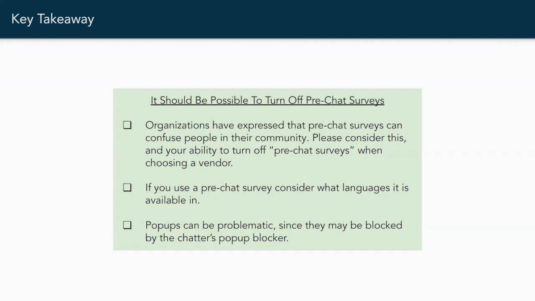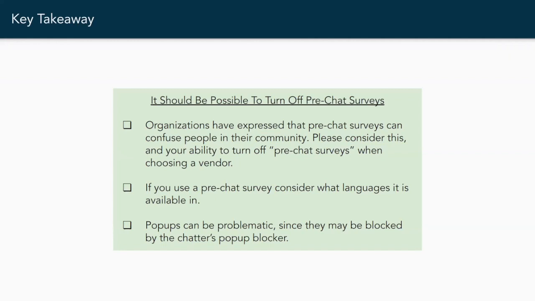And a lot of the times what I've encountered in pre-chat surveys is that once a survivor fills out the pre-chat survey, the chat feature opens a new tab or a new pop-up, while many people have a pop-up blocker on their browser.